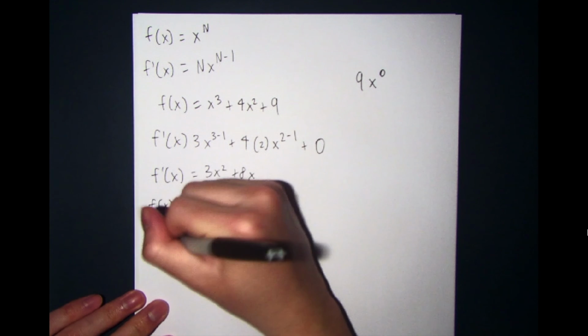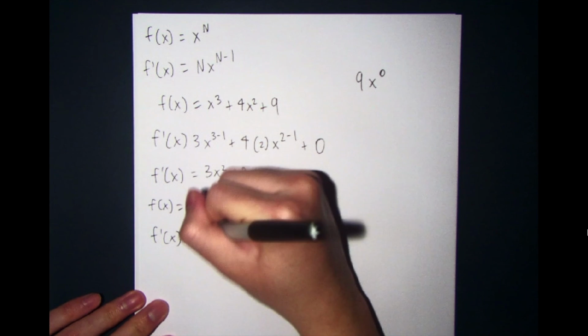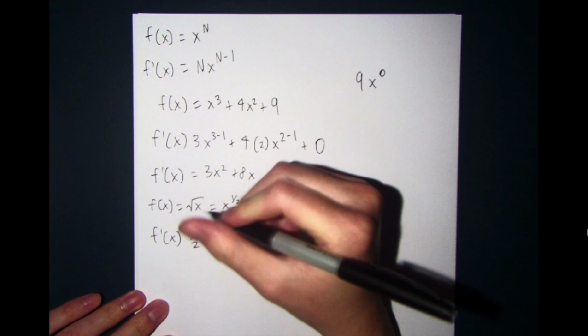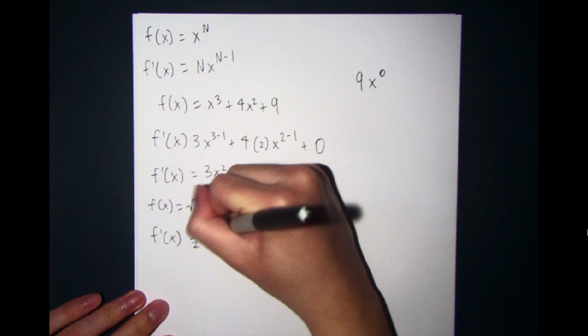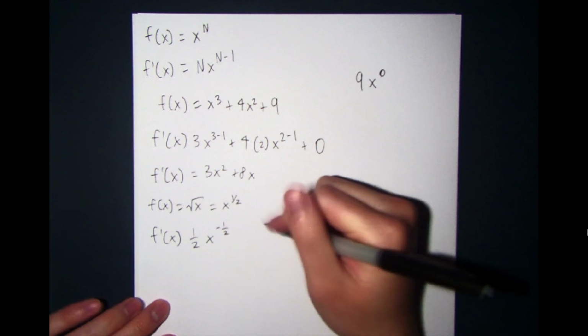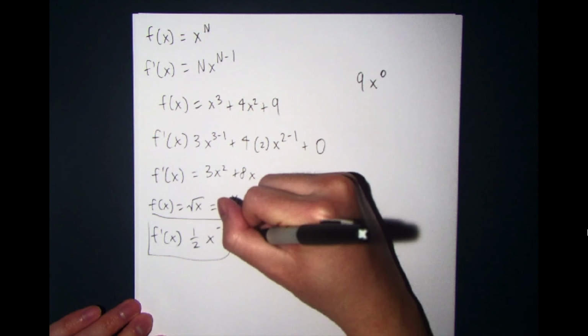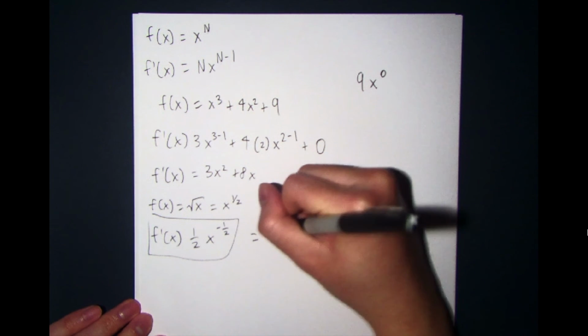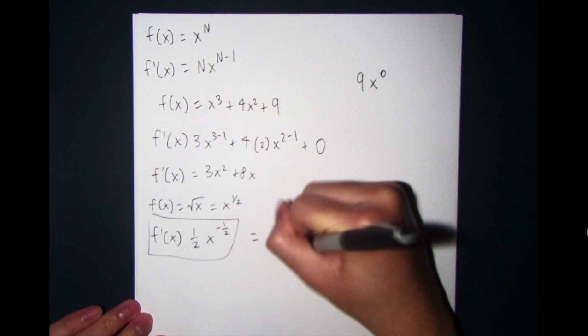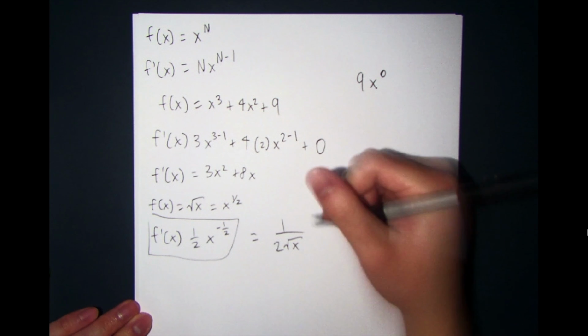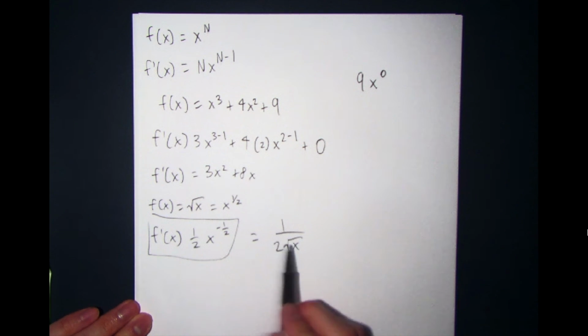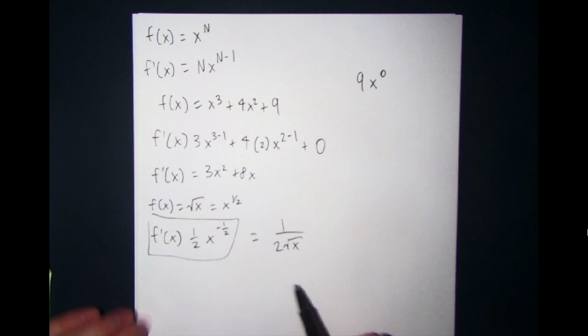So f prime of x would be equal to 1/2 times x to the negative 1/2. That would be your answer. If you wanted to further simplify this, it would ultimately simplify to 1 over 2 times the square root of x. I'd actually recommend memorizing this because the derivative of the square root of x comes up a lot on the test.